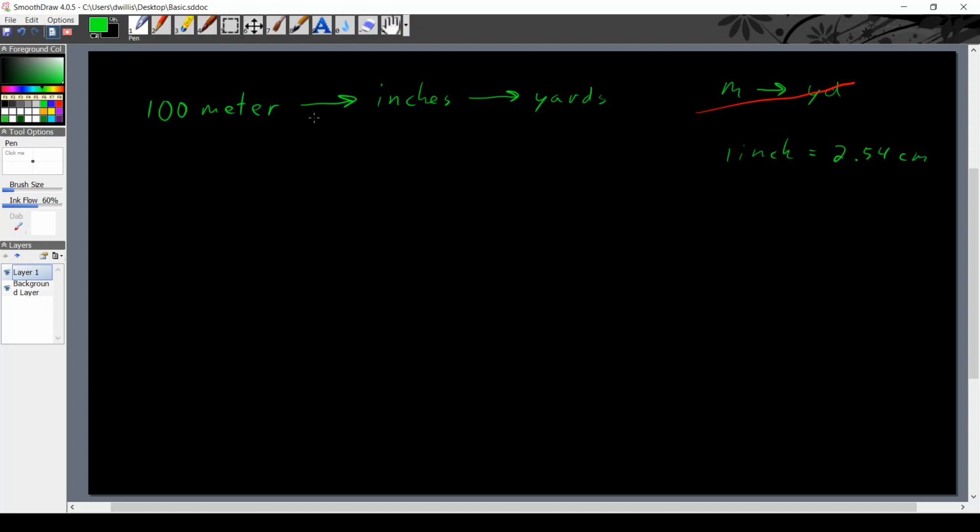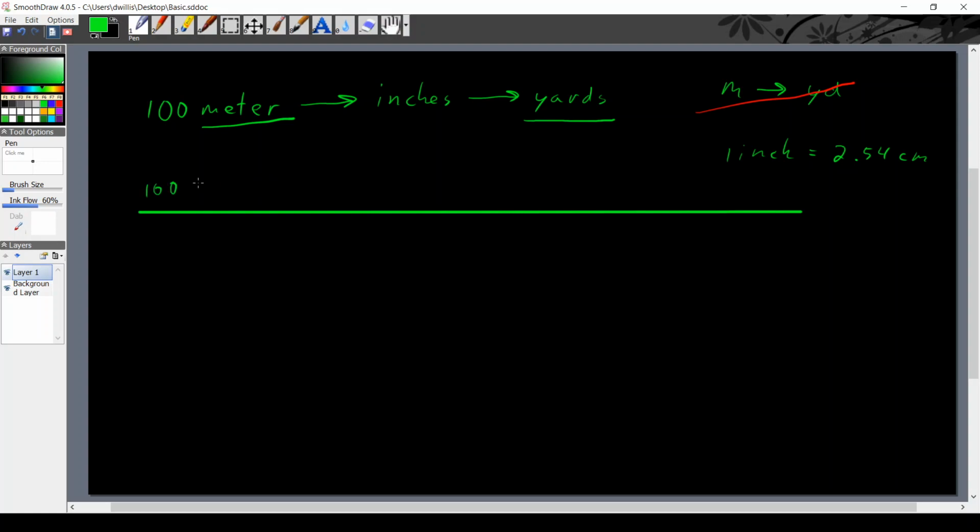And I'm going to say, let's go from meters into yards. We will pass through inches on the way, but our actual goal is to go from 100 meters into X number of yards. And we're going to do that using the conversion factor that we happen to have. All right, so I will start with a great big long line because I know that this is going to be a long question. 100 meters.